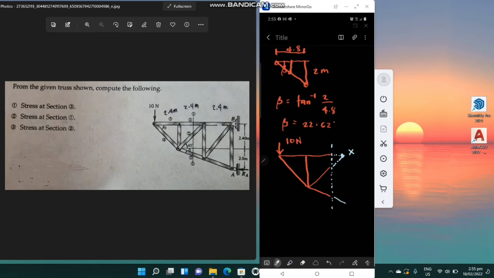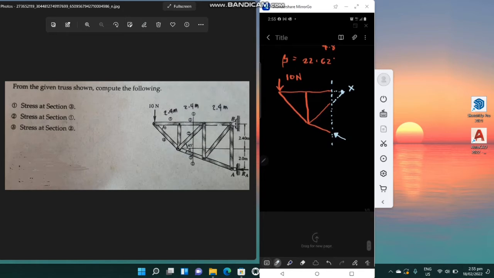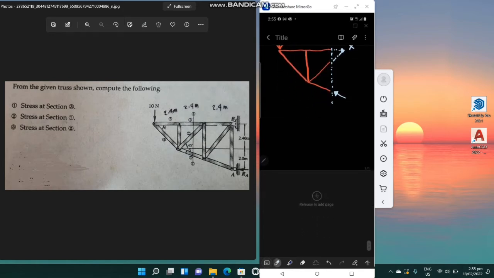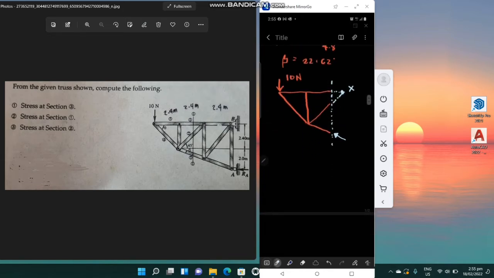So this is supposed to be a compression.